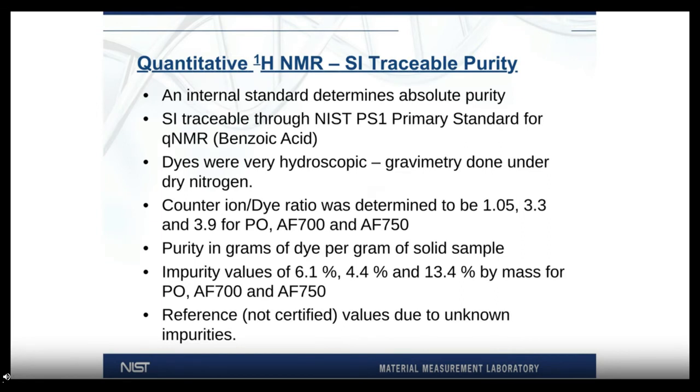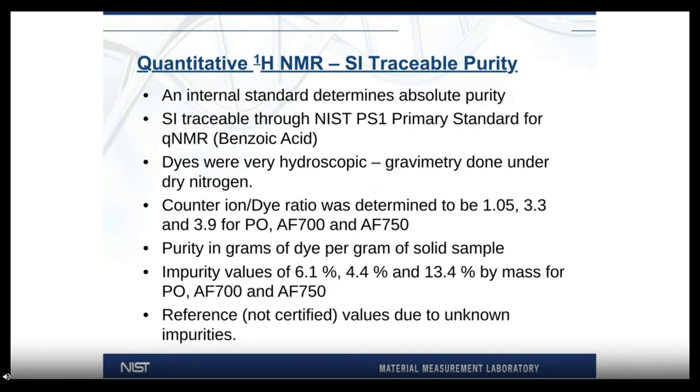We then use quantitative proton NMR as an SI traceable purity technique. This is really our primary SI traceable technique for determining purity. We use a NIST primary standard for quantitative NMR, benzoic acid.